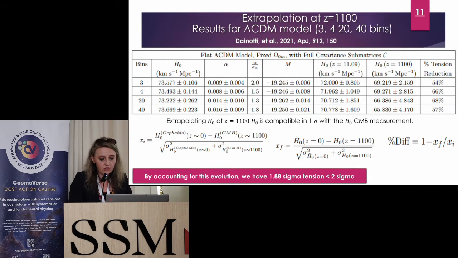So we did an exercise. We said, okay, let's suppose that this evolution is true and intrinsic, and it can be extrapolated to the redshift of 1100, so at the redshift of the last scattering surface.